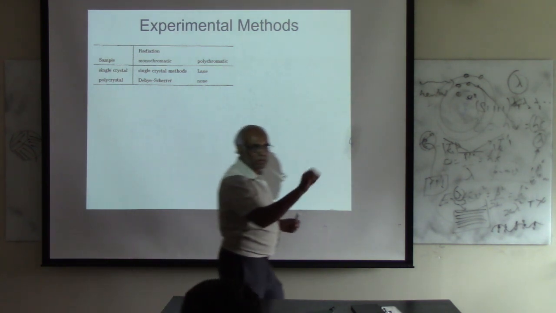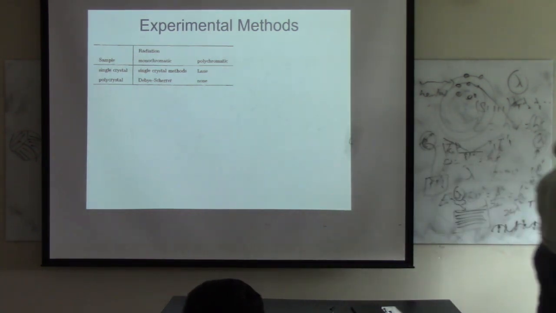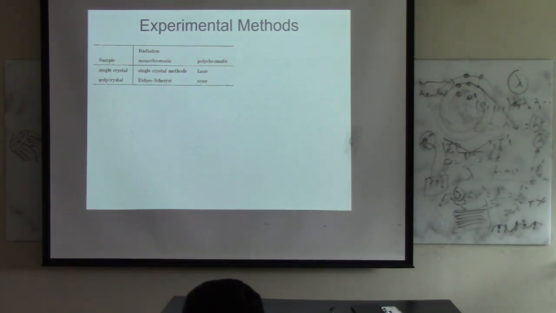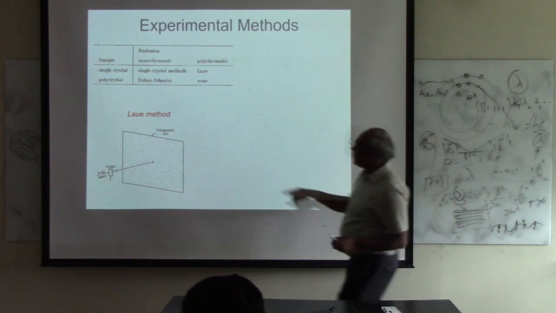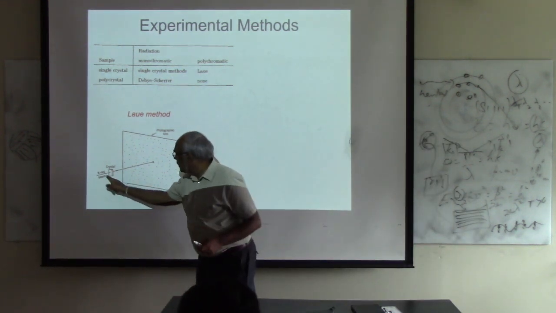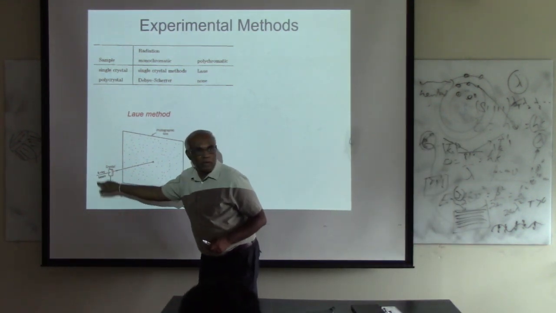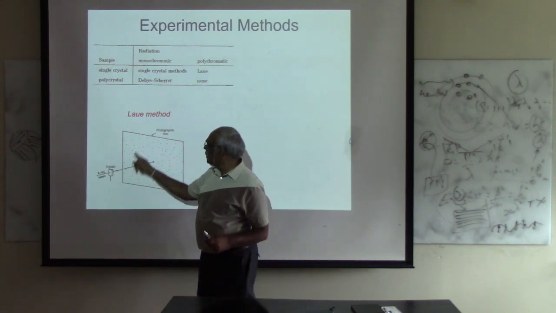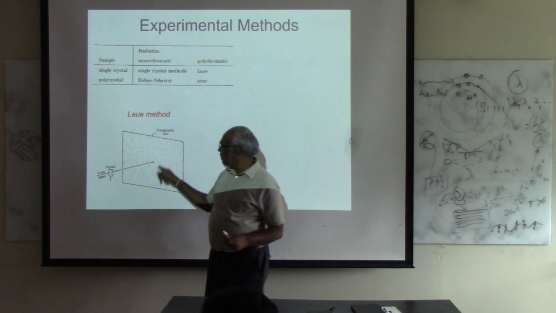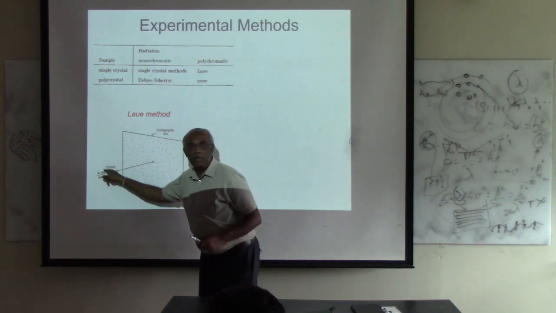He saw these different spots on the photographic film. So here, that's the Laue method. What he has is one single crystal, but you are using different lambdas. Even if it is a single crystal, you can see different features because you have different lambdas.